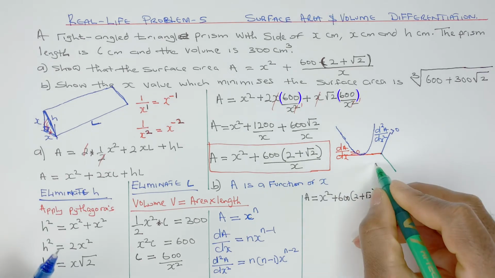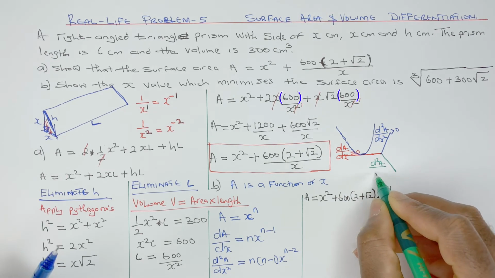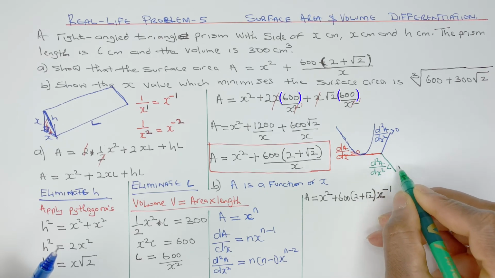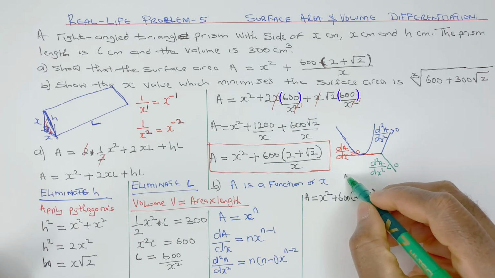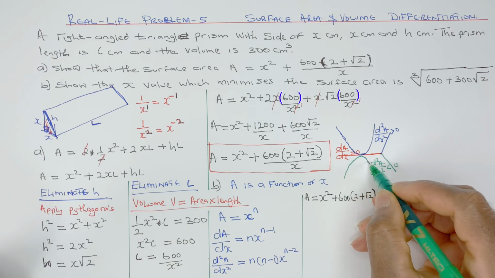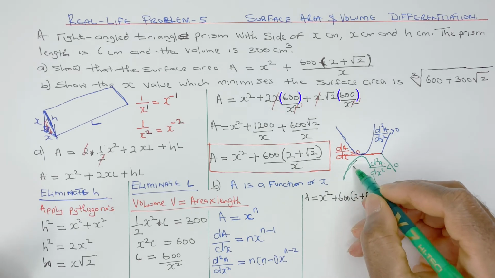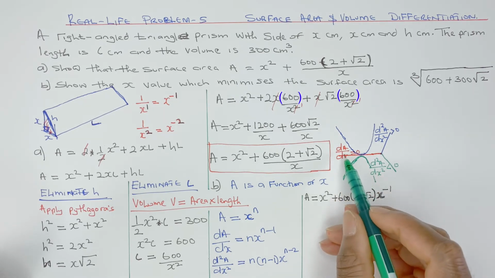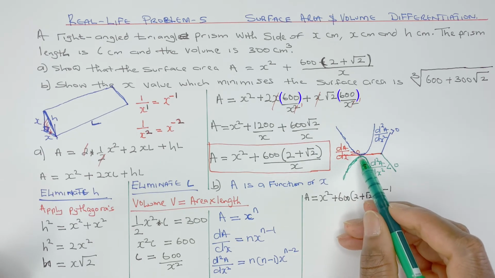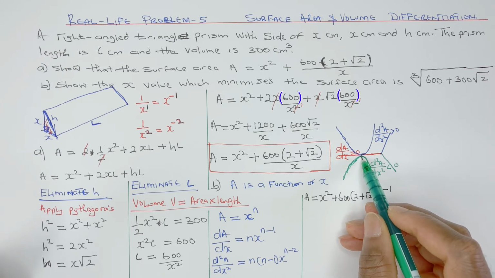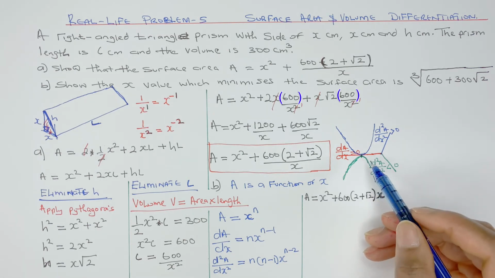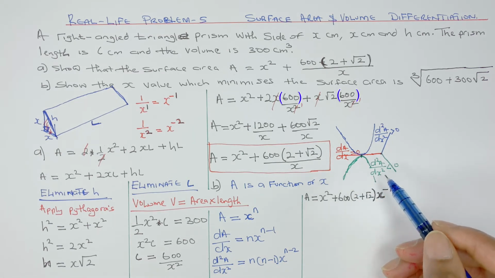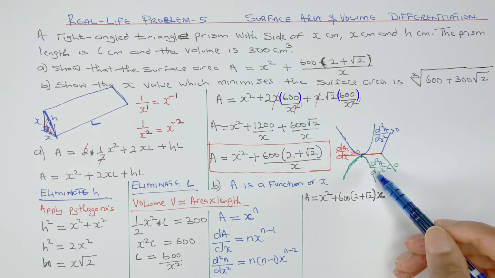And if d²A/dx² is less than 0, that's negative, then that would be a maximum. So you can see why you always have to find dA/dx and set it equal to 0 in this case. Find the value of x, and that value of x is where the maximum or minimum is. So that's the value of x we're looking for. And the reason why we differentiate a second time is to justify whether it is a maximum or minimum.